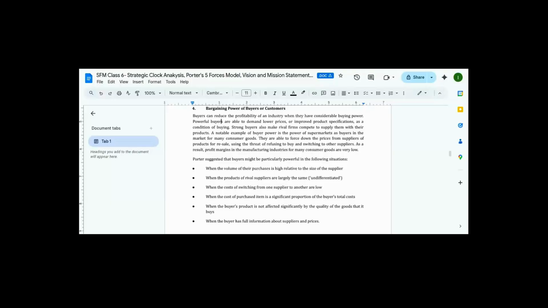Powerful buyers are able to demand lower prices or improved product specification as a condition of buying from the company. So what we are saying here is anytime the buyers or customers have advantage over the company that we call the suppliers, the buyers will be the one that will dictate the terms and conditions of the contract.